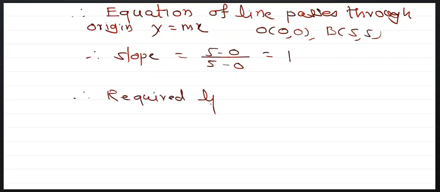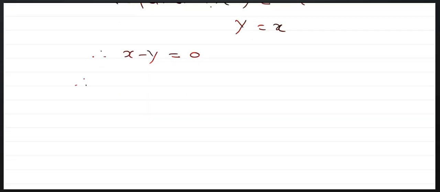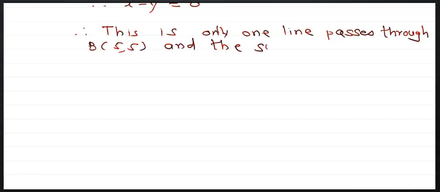The slope of the line is 1. Therefore, again the required line is y equals mx, x minus y equals 0. This is the only one line that passes through (5, 5) and the sum of whose intercepts is 0.